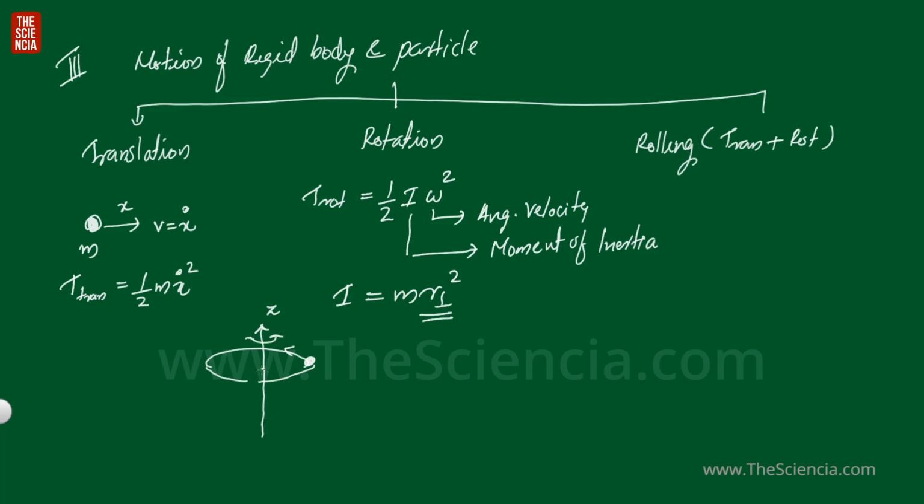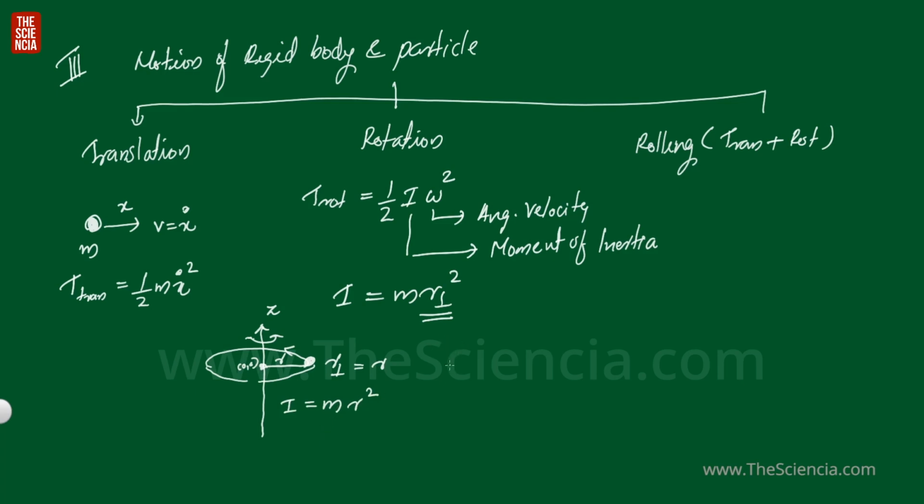And here I am taking this point as my reference point 0 0 and this is r. Then here the r perpendicular, that is perpendicular distance from axis, will be equal to r itself. So we get I is equal to m r square, that is r perpendicular is r.